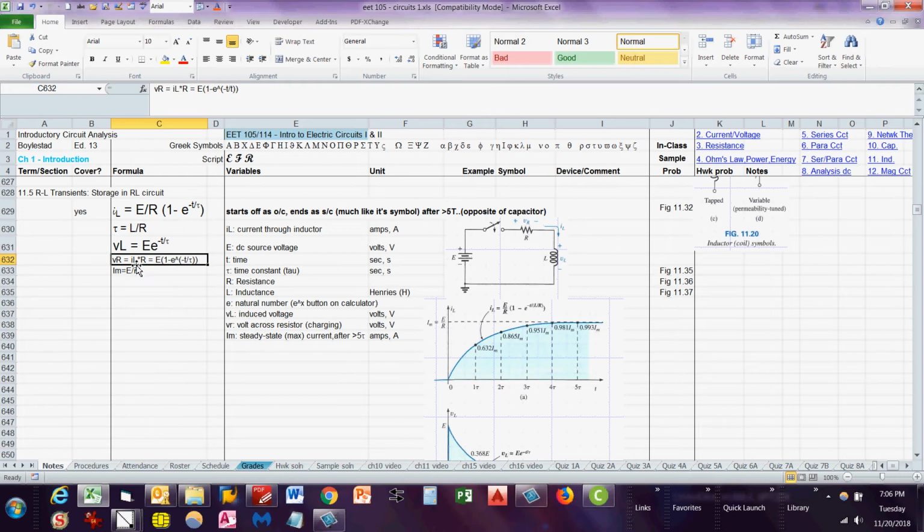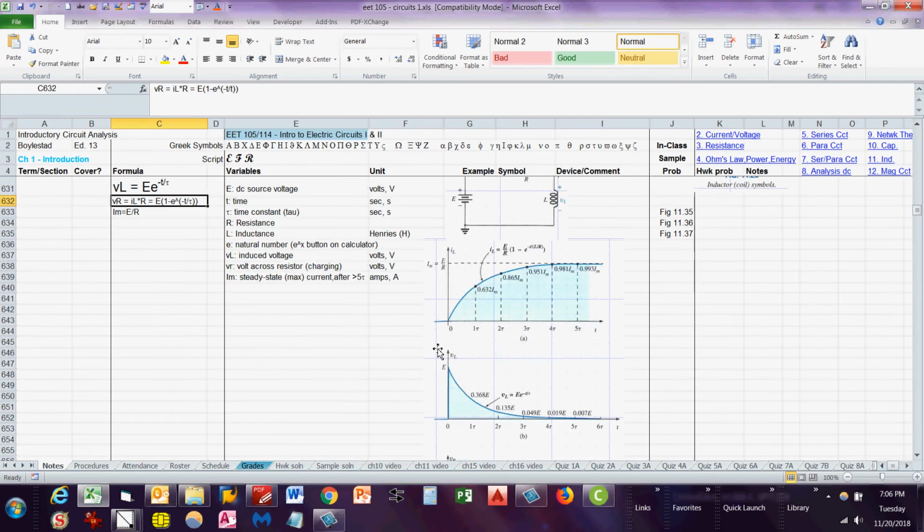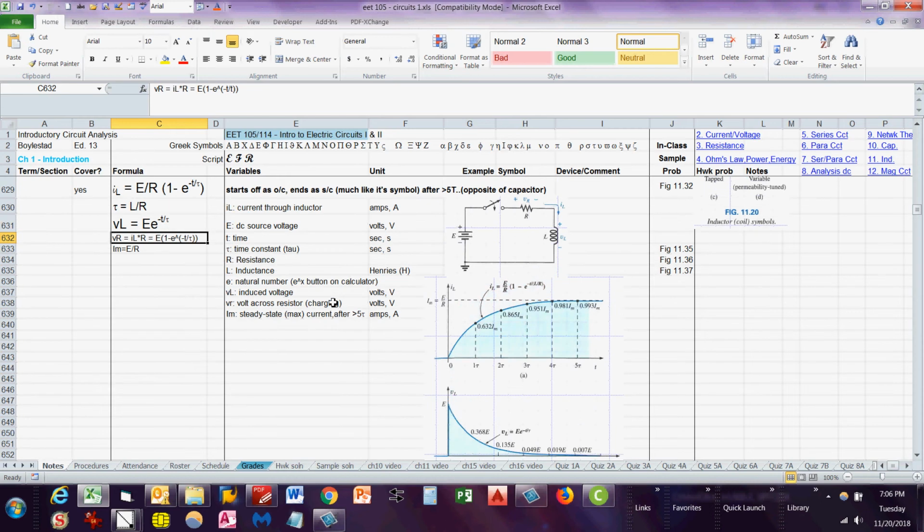V sub R is just I sub L times R, which ends up being E times the quantity 1 minus e to the minus t over tau. And I sub M is the final current, and that's E over R. It's the maximum steady state current after 5 tau.